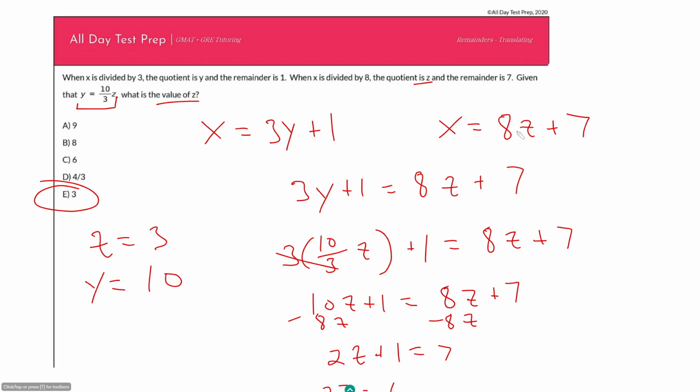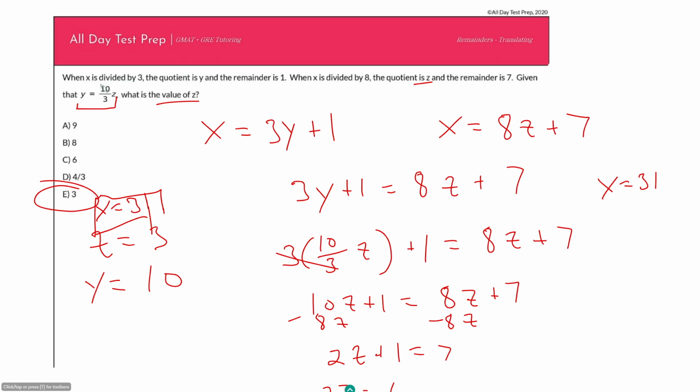If this were true, x would be equal to 8 times 3 plus 7, so x would be equal to 31. So let's see if that works.